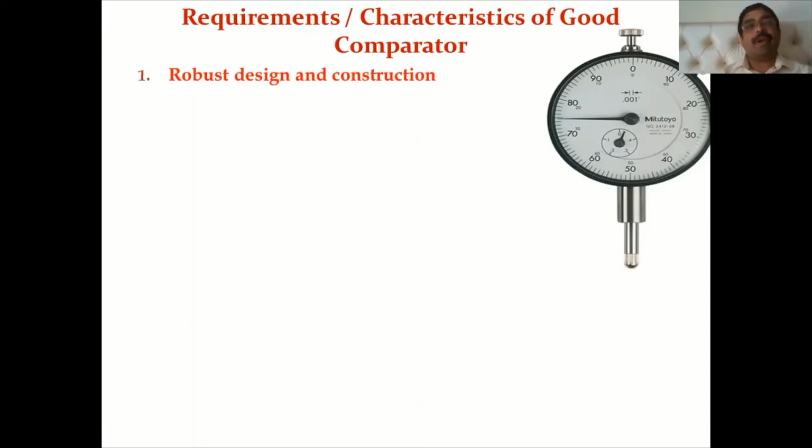What it means when you are talking about robust ones, so that the measuring accuracy of that instrument does not get affected by any vibration and all that. So whatever the comparators are there, it should have robust design and construction.